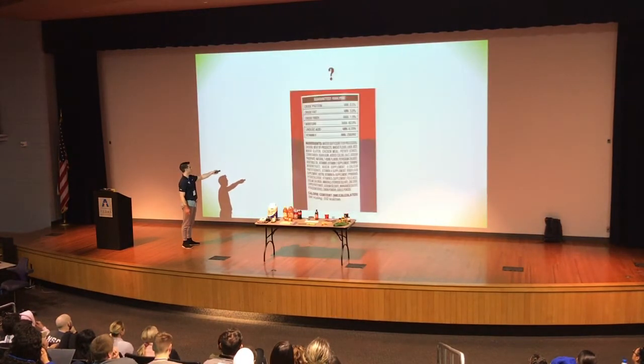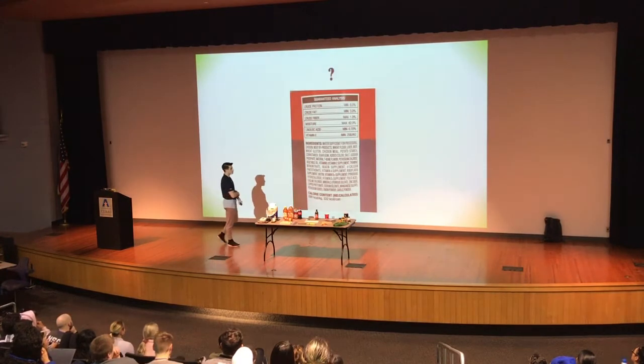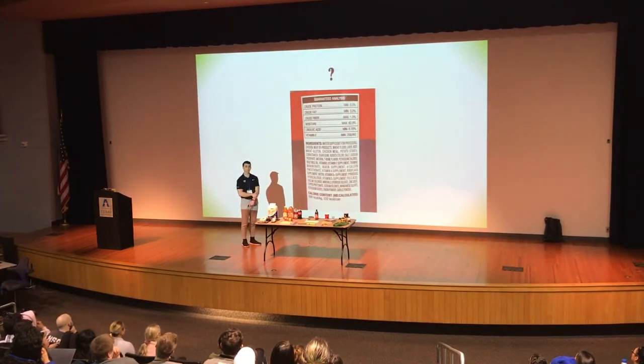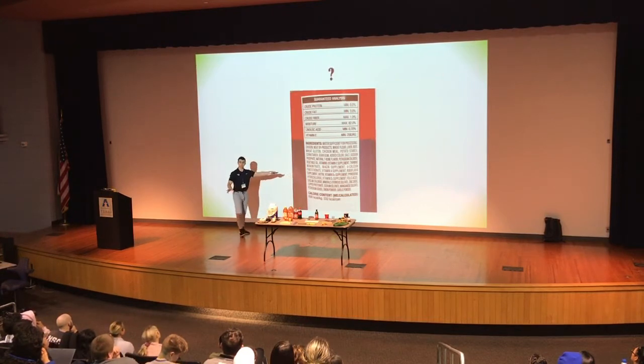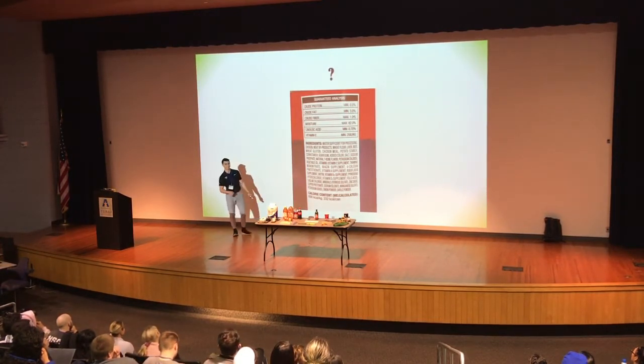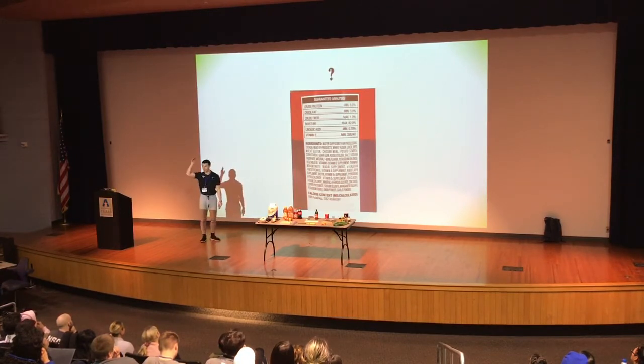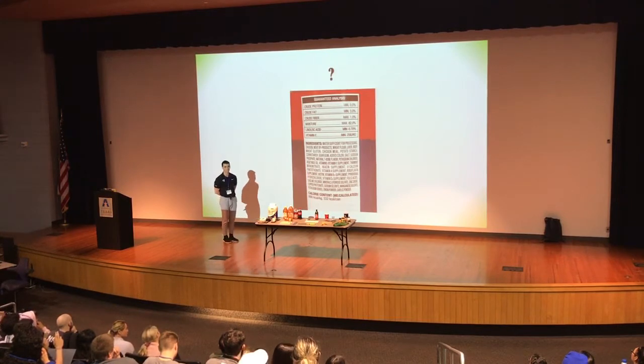Alright, okay. Does anyone want to take a guess as to what that is? So look at the nutritional content and look at the ingredients. This is what you're going to leave today armed with, the ability to tell me what this is. Just throw a hand up. We got one? Okay.